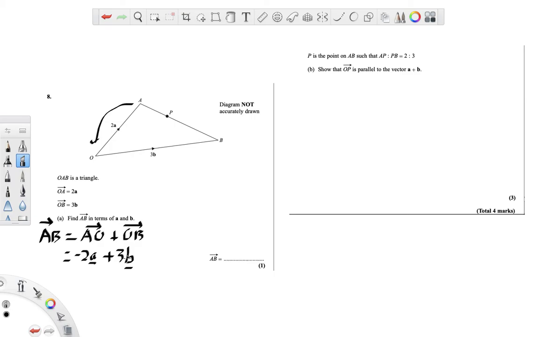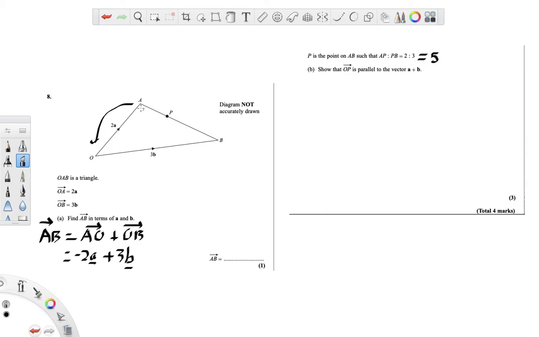Okay, and then it says P is the point on AB such that AP to PB is represented by the ratio 2 to 3. So again, what we'll do is add this ratio together, so we get 5.